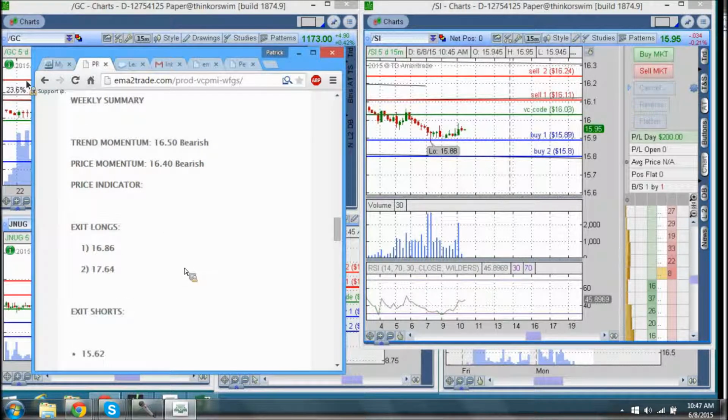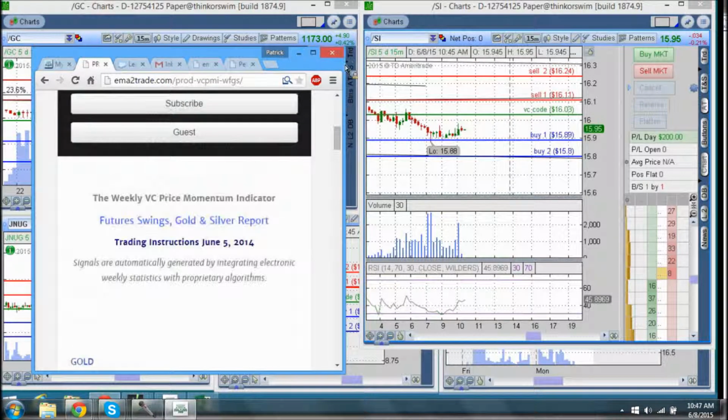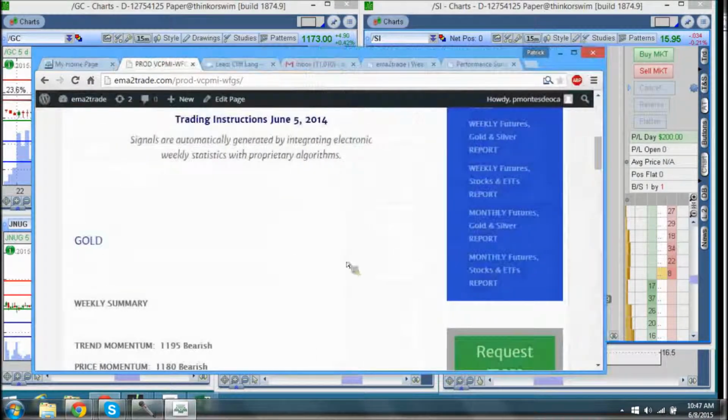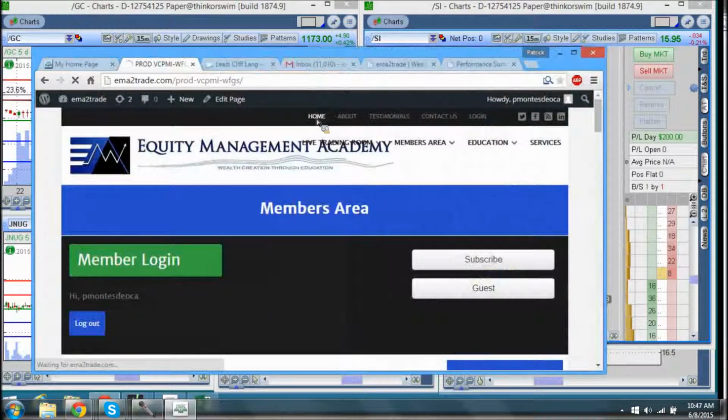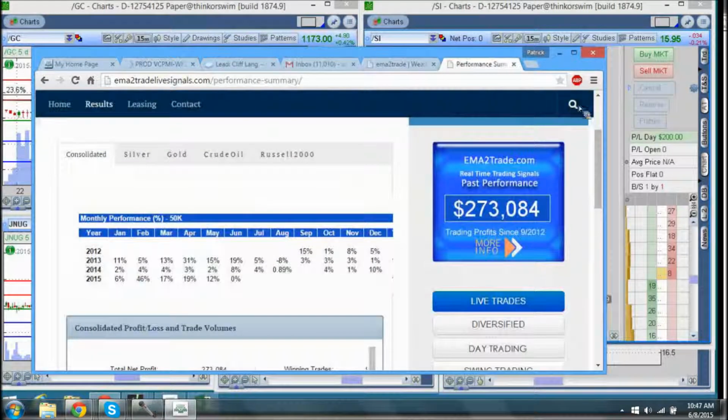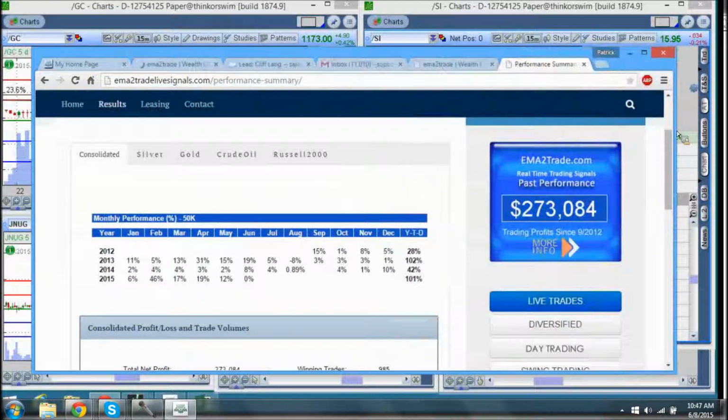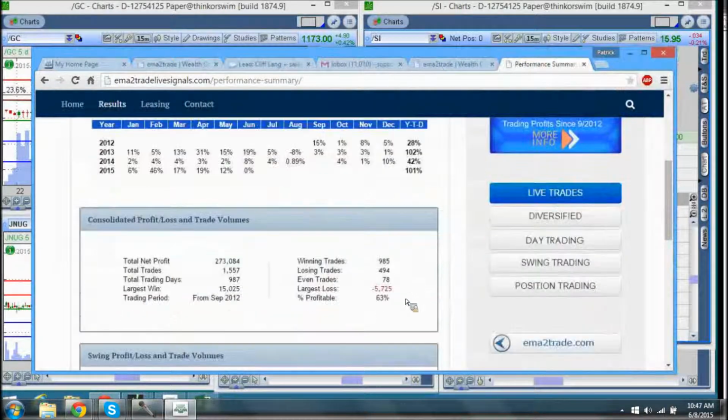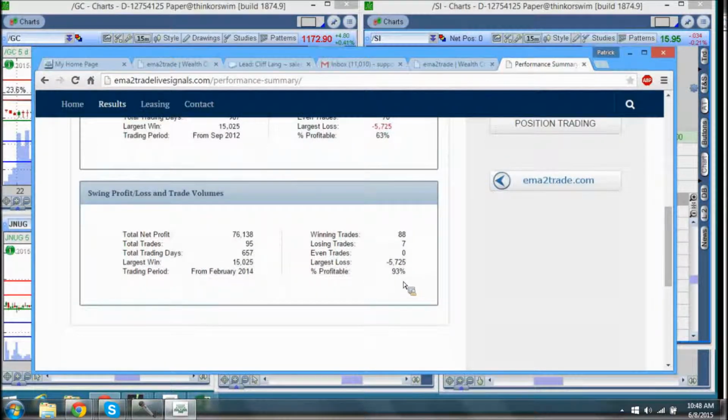The thing I want to point out to you with regards to the swing trading program is that we're finding the program to be very successful in the period that we've been trading it. The day trading program is running about 63% probable profitability, with a 3-to-1 risk-reward ratio. The swing trading is running at 93% probability with the same ratio, 3-to-1 risk-reward.